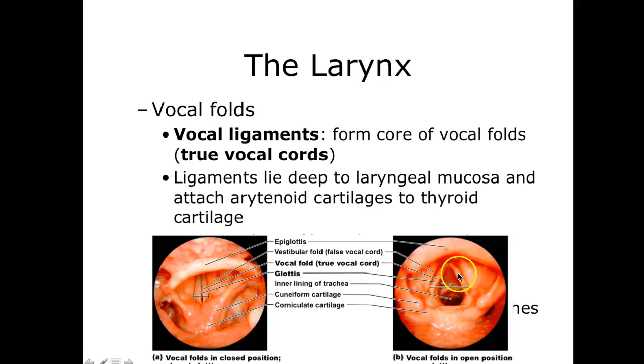And we're going to have some vocal ligaments in here that will be the core of our vocal folds. It is covered up by the mucosa in this region, and we are also going to see that it's going to attach to the arytenoid cartilages. So the arytenoid cartilages would be in this region over here, a little further down than where my mouse is.